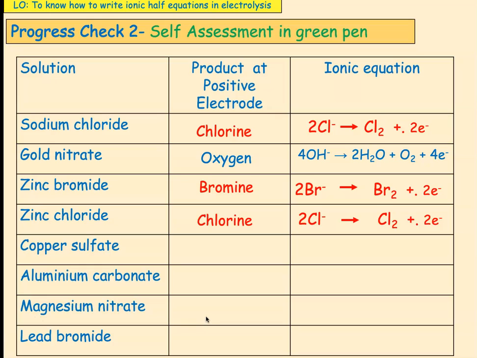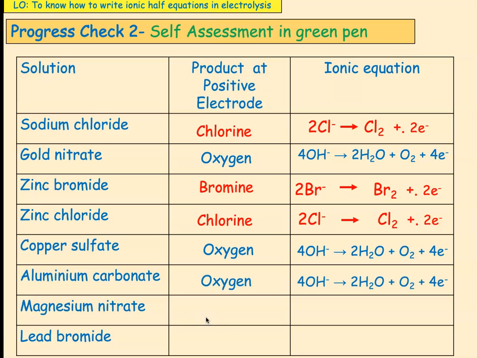Sulfate is not a group 7 ion, so we're going to make oxygen, and this is the ionic half equation. Aluminium carbonate. Carbonate is not a group 7 ion, so we're going to make oxygen, and this is the ionic equation that we use to make oxygen.